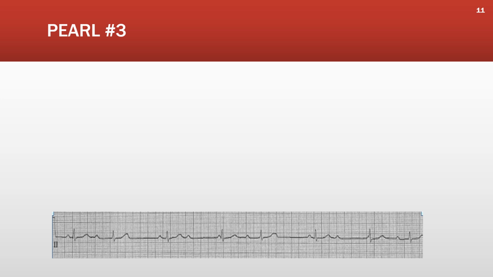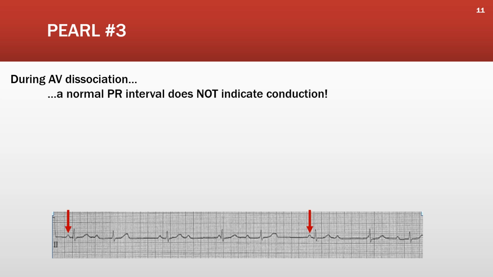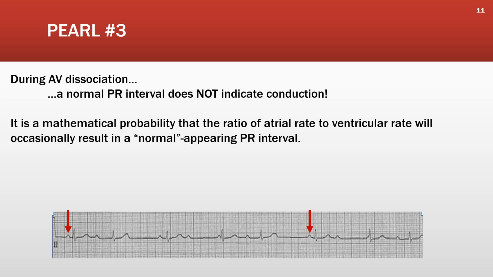Okay, time for pearl number 3. During AV dissociation, and that's any AV dissociation, whether it's caused by a junctional escape rhythm or by a third degree AV block, a normal PR interval does not indicate conduction. A normal PR interval does not indicate conduction.